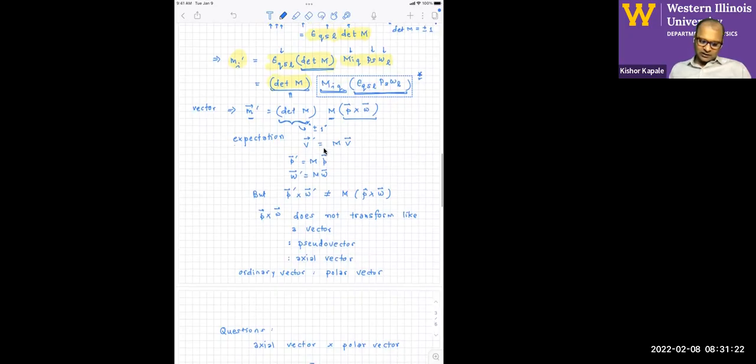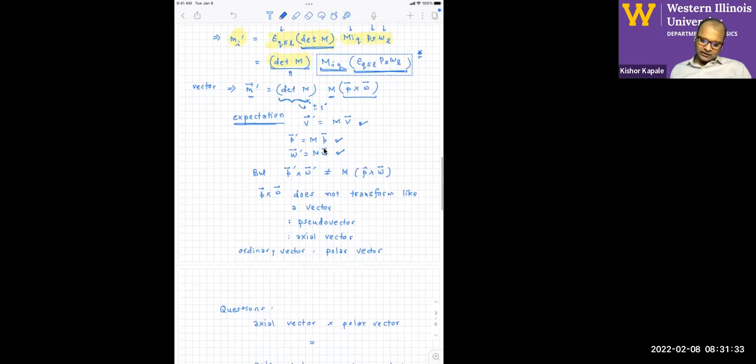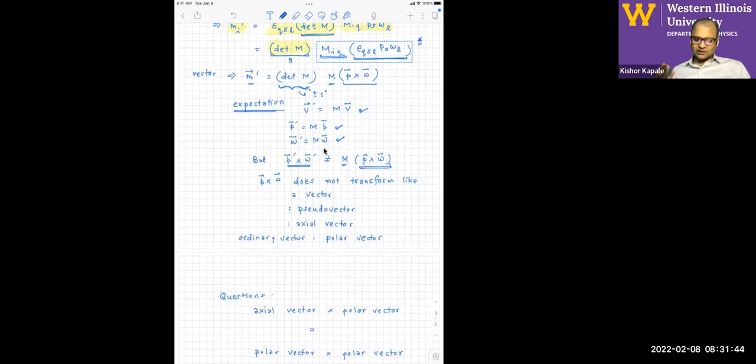So let's recollect the expectation. V prime is equal to Mv. So if p prime is Mp and w prime is Mw, it turns out that p prime crossed with w prime is not M times p crossed with w. So they're not equal, but it's not too terrible, right? They're more or less proportional to each other except for that one extra sign.